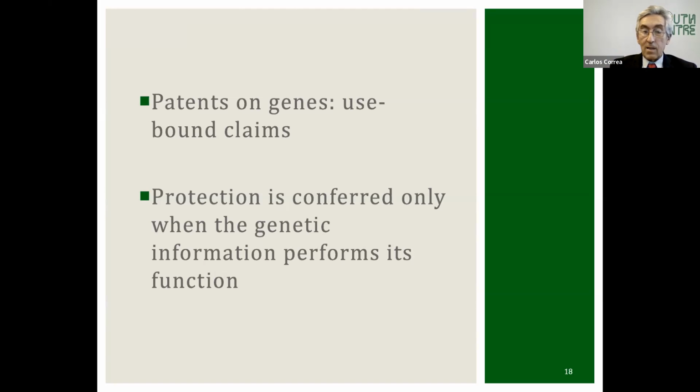But then the European Court of Justice rejected this view and confirmed that under European law, the protection of genetic information, which may be contained in plants, is only valid during the time in which this genetic information is performing the function, and not in a material such as flour or other product which has been elaborated on the basis of genetically modified plants.